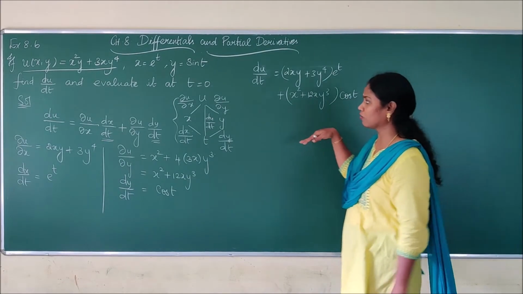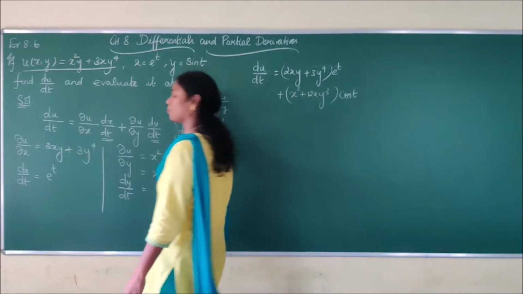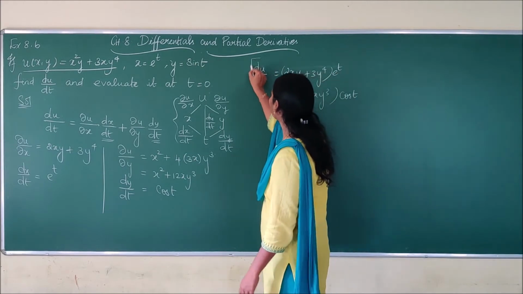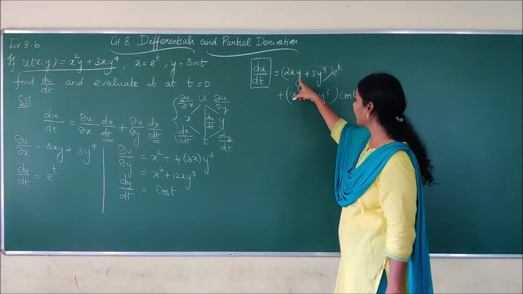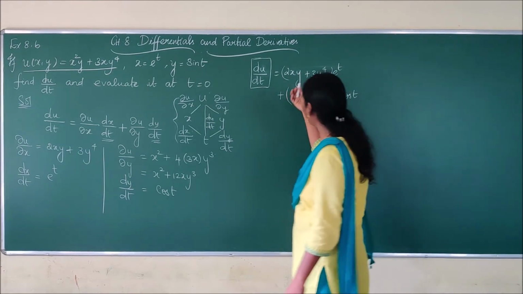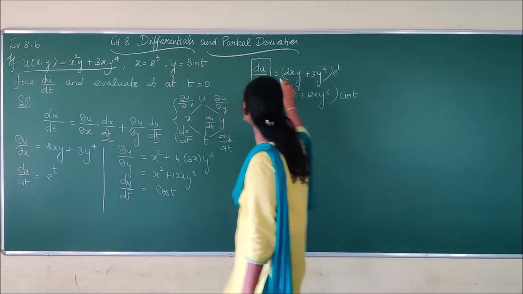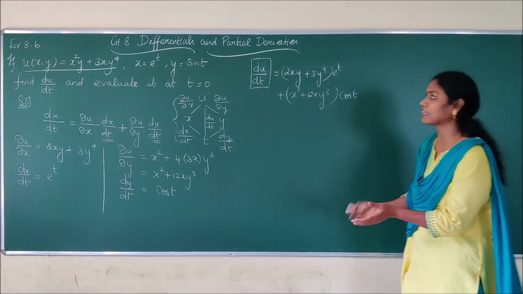Next, they have told you to evaluate at t is equal to 0. Before that, since we are going to find the value of du by dt, we should eliminate x and y. How can we eliminate them? We can just replace x and y in these terms. In order to simplify this, we substitute x and y.